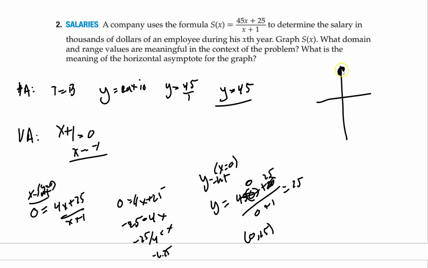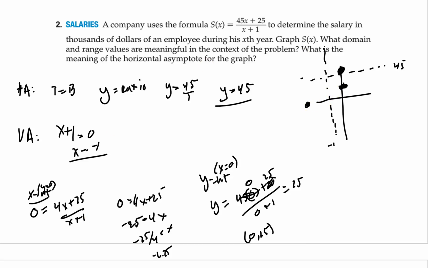Y-intercept's at 25. I have an asymptote at 45, so way up there. Let's make that the asymptote. Y-intercept's right here at 25. And the vertical asymptote's at -1. My x-intercept was at about -0.56, so it's just right of -1.